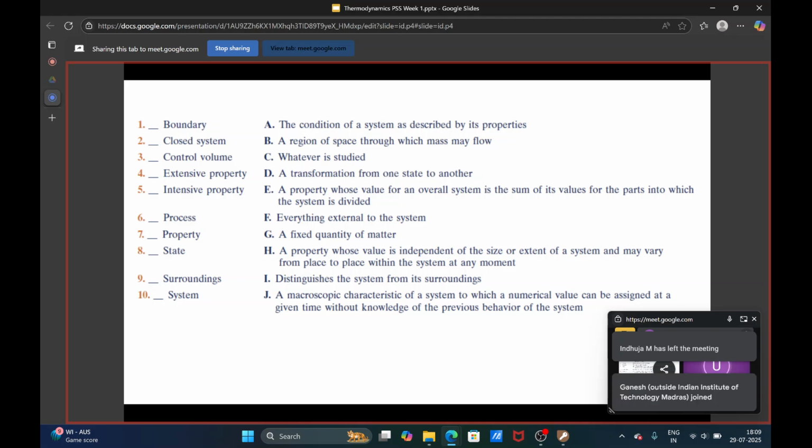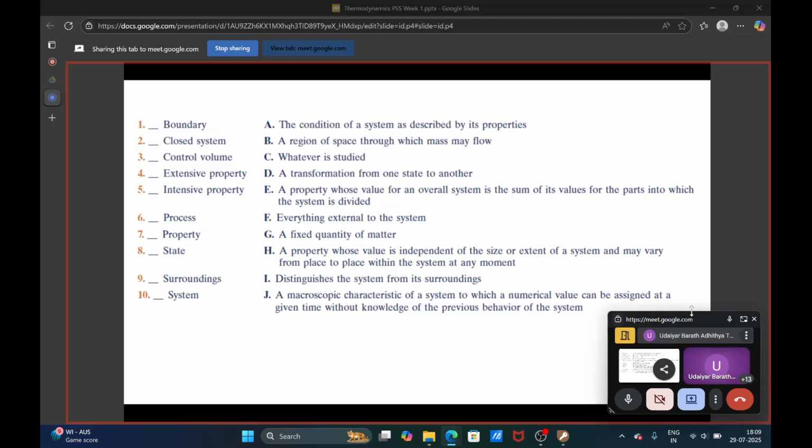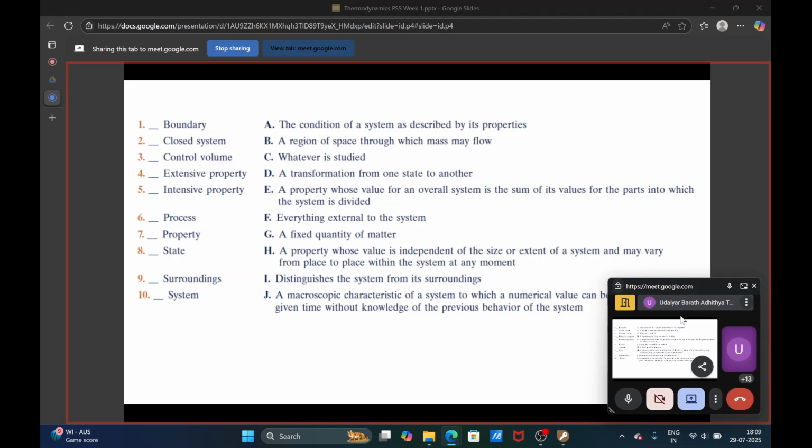I'll give you a minute. I hope the terminologies are clear. If you have any doubts, you can ask.